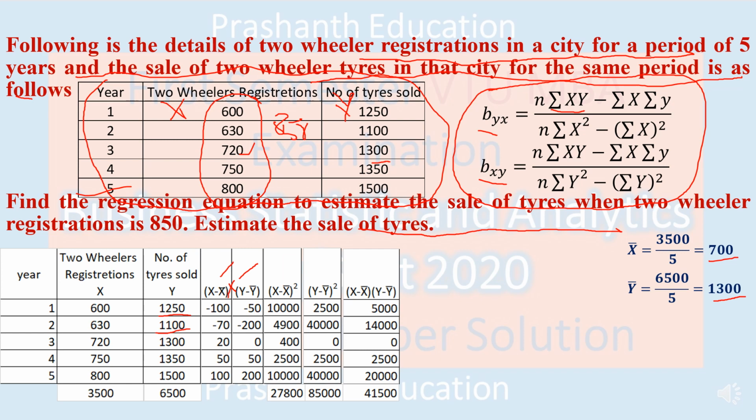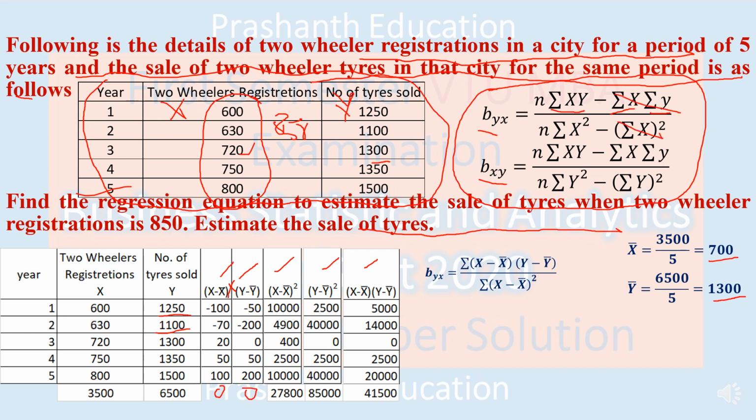Now we will take the summation of all these: x minus x bar whole square, y minus y bar whole square, and x minus x bar into y minus y bar. I have written the sum. Now, how did I get this formula? Very simple. If I substitute, sigma x and sigma y are 0 and 0, so those terms will go off.